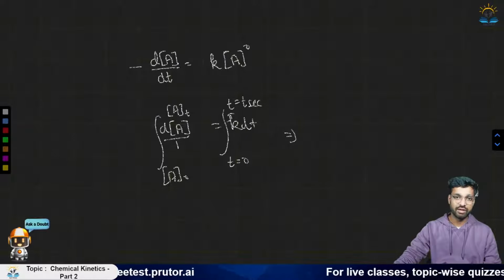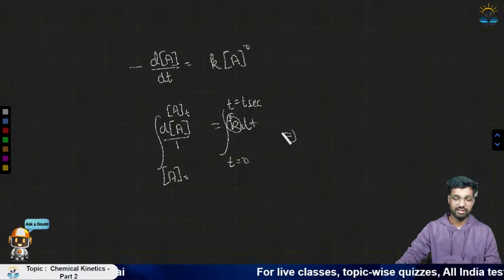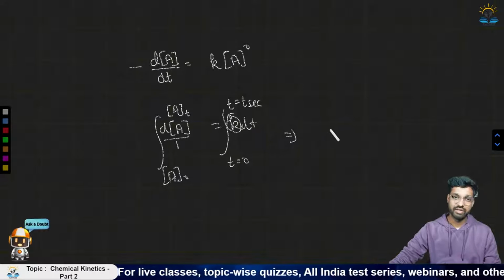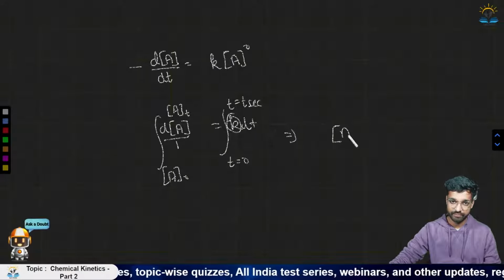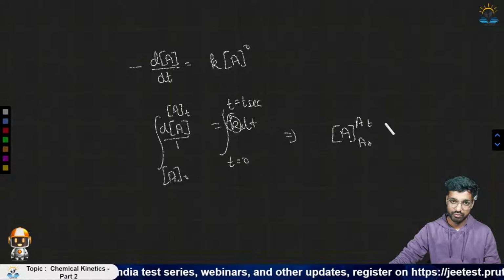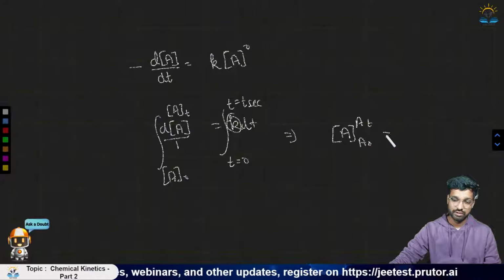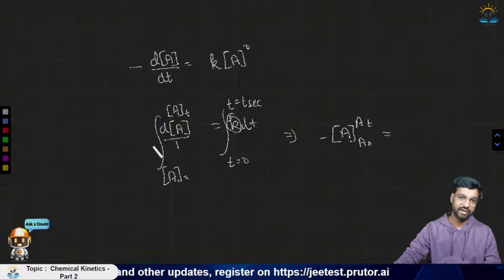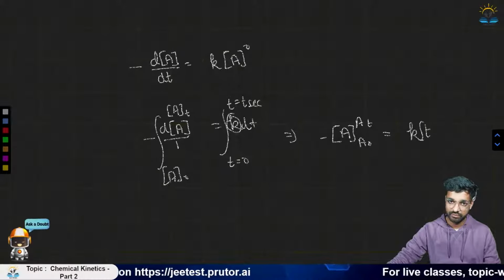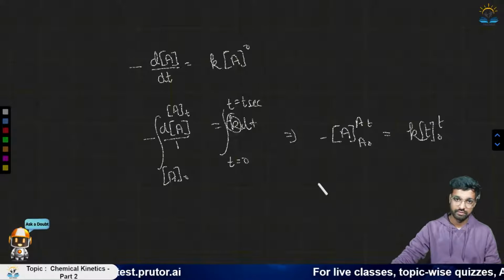Now since this k, the rate constant, is constant, we'll take it outside, and this dA will be integrated with A going from A naught to At, which is equal to, with a negative sign also, kt going from 0 to t.